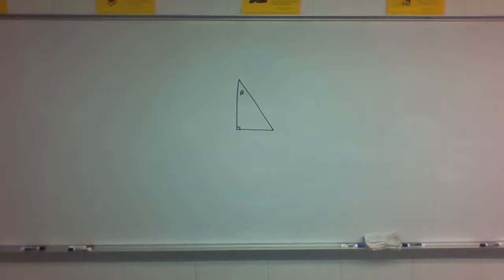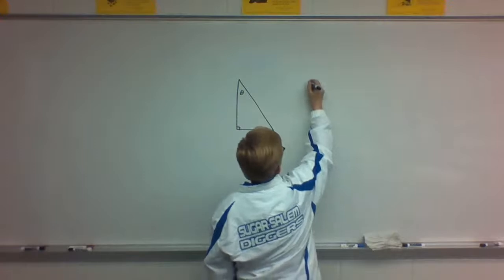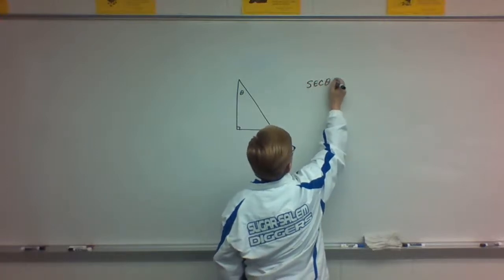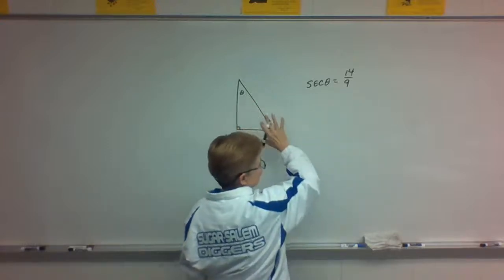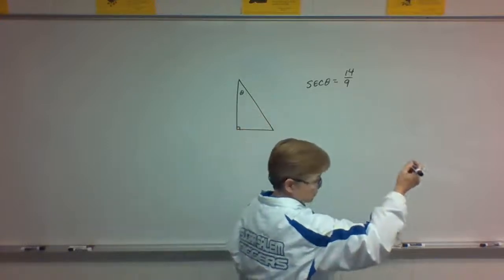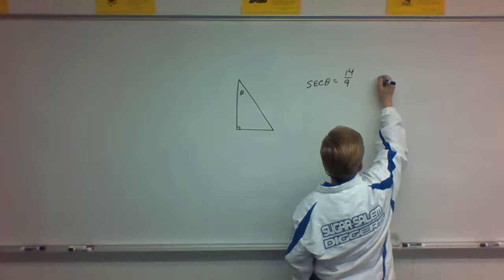Then take a look, for example, at number 17. Are you looking? Number 17's information says the secant of theta is 14 over 9. Without filling out this picture at all, we now know what the cosine is, because cosine and secant are related to each other.